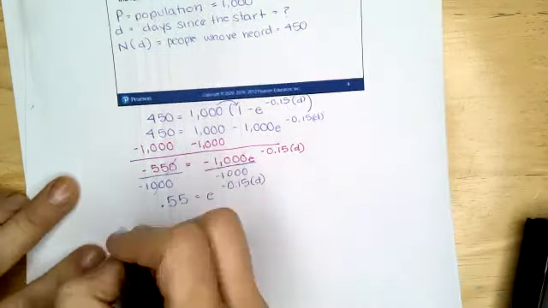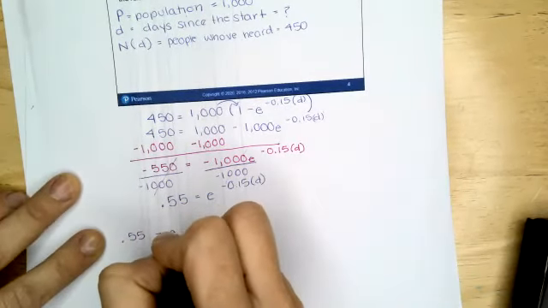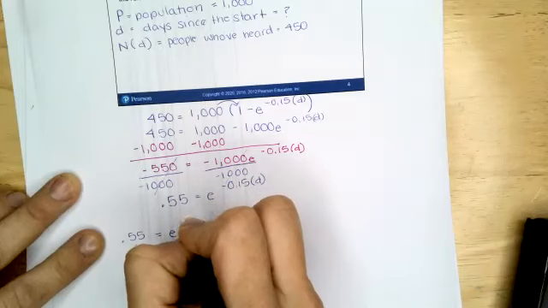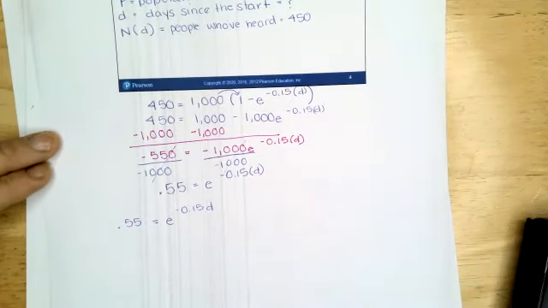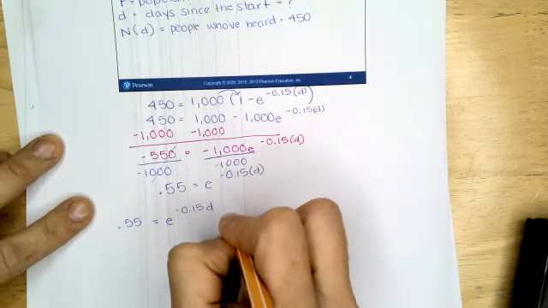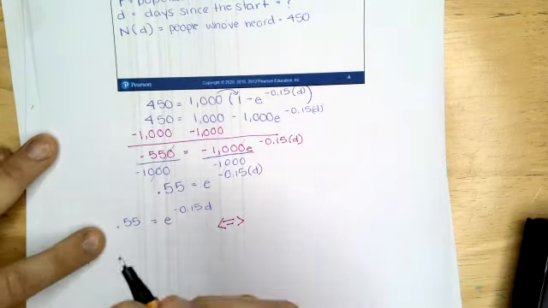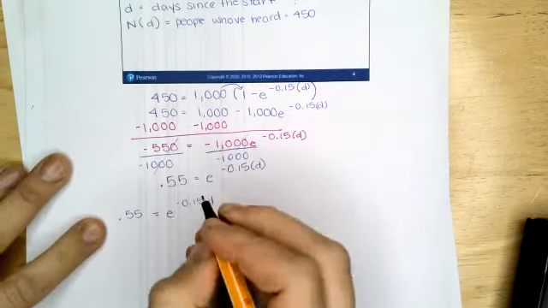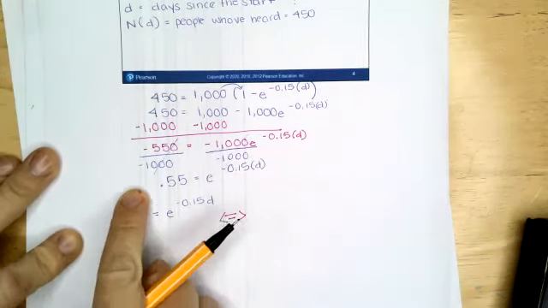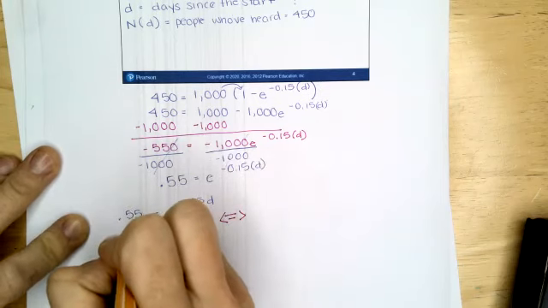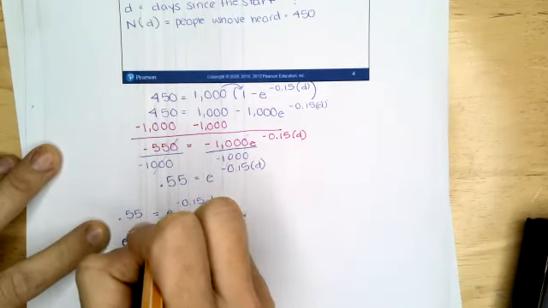Now I can convert it to a logarithmic expression so that I may solve it. Start with your base. Your base is not the 0.55. Your base is e because the base is attached to the exponent, right? That we want to solve for.